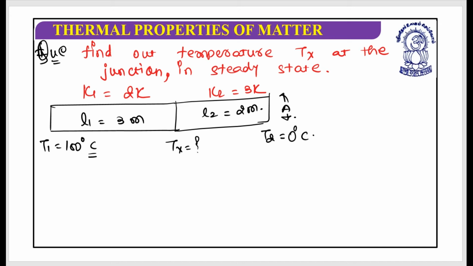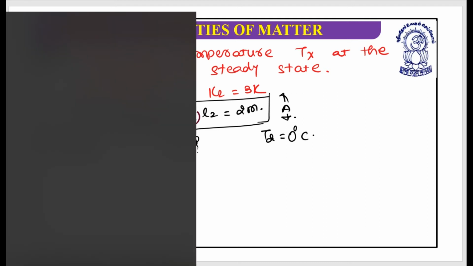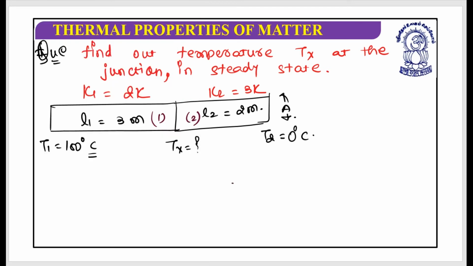So how will you do this? Let's consider this as the first segment and this as the second segment. Then I can write dQ by dt of the first segment equals dQ by dt of the second segment.